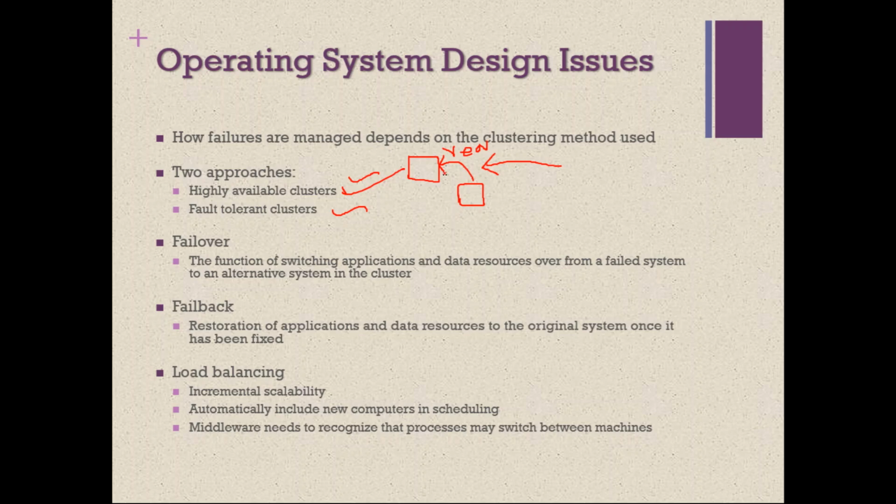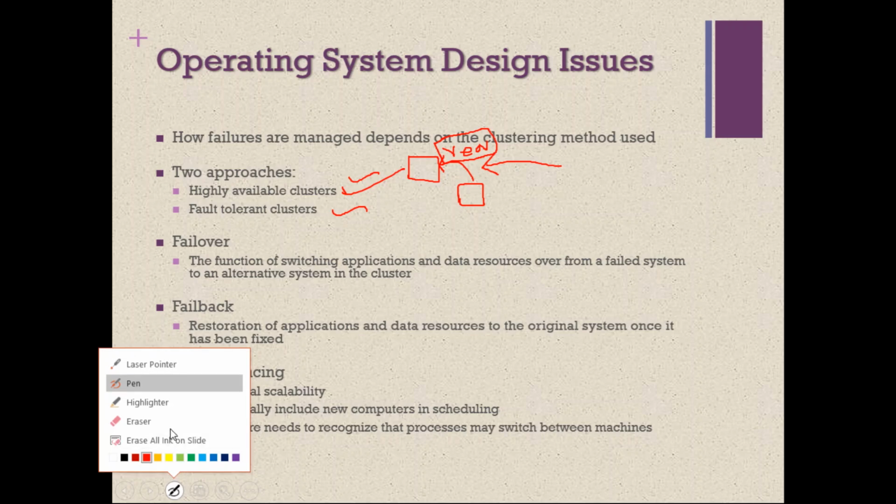Whatever requests were partially processed by the server will be lost. The secondary server will not mind about that, so that will not be taken care of by the secondary server.